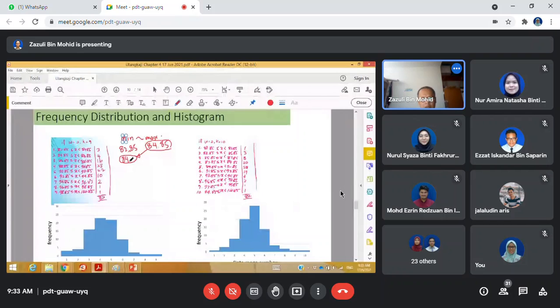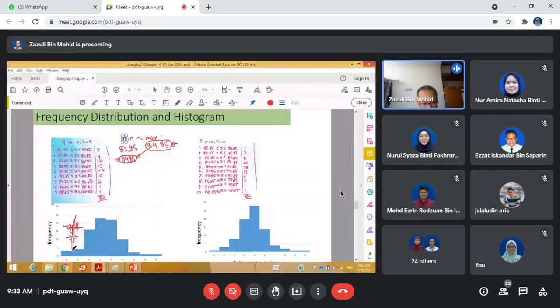Some of you gave me answers where the maximum of the previous class is different from the minimum of the second class. You need to have it like this, because when you plot, you don't want a gap between classes. It has to be continuous.